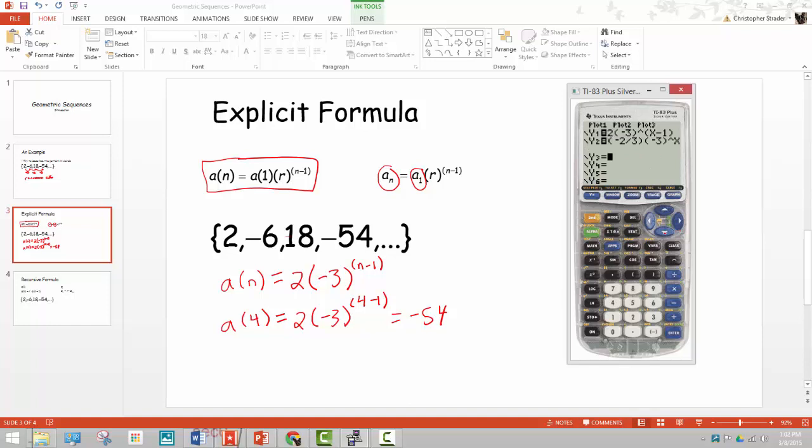Or I could try something like negative 6 times negative 3 raised to the x minus 2. If I check the table, look at that. All of those functions have exactly the same table.